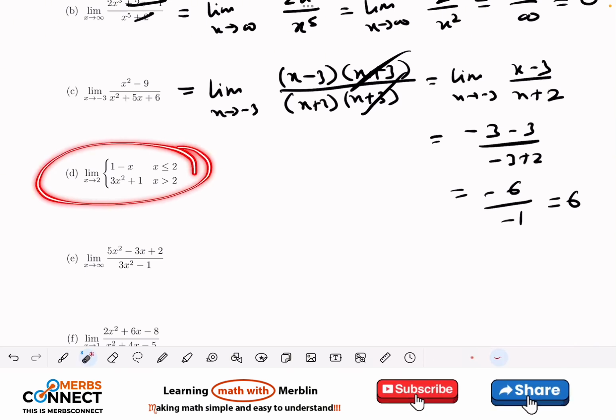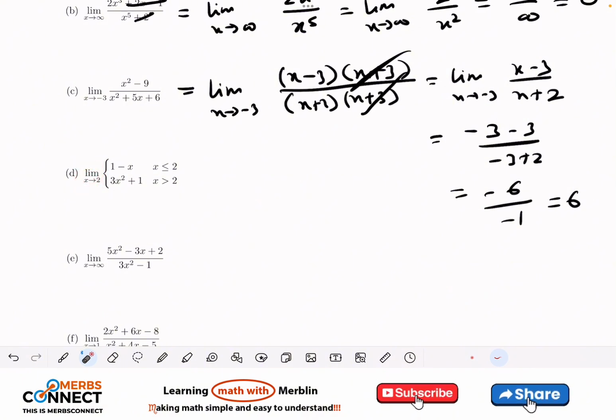Now let's look at this one here. Now we want to find the limit as x is approaching 2, right? But we have one which is the left, and we have one which is the right. So this one is like two functions. We want to find the limit as x is approaching 2. But for us to conclude, we need to find the limits, because if x is less than 2, then it means that we are on the left side, and if x is greater than 2, it means that we are on the right side.